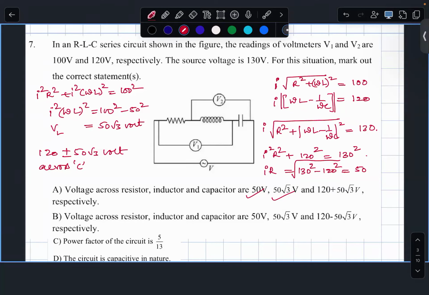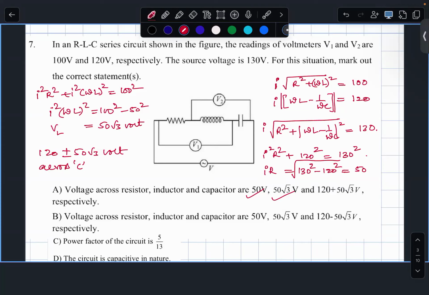If it is capacitive, 120 plus 50 root 3. If it is inductive, 50 root 3 minus 120 is not possible, that difference is not possible.